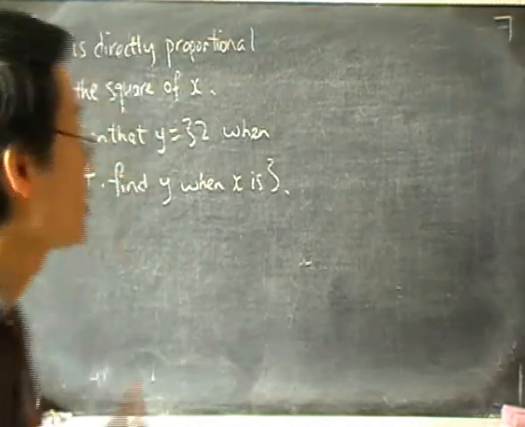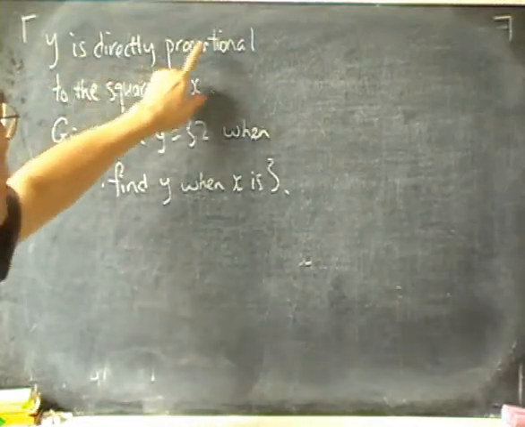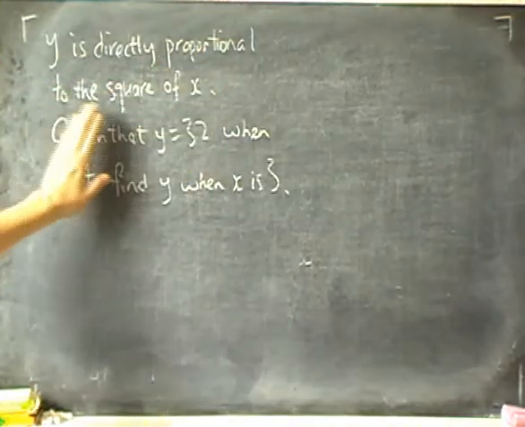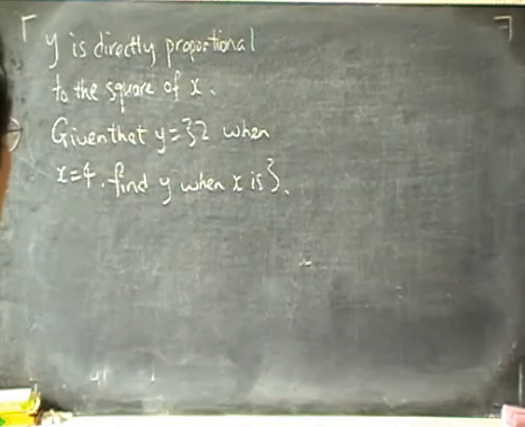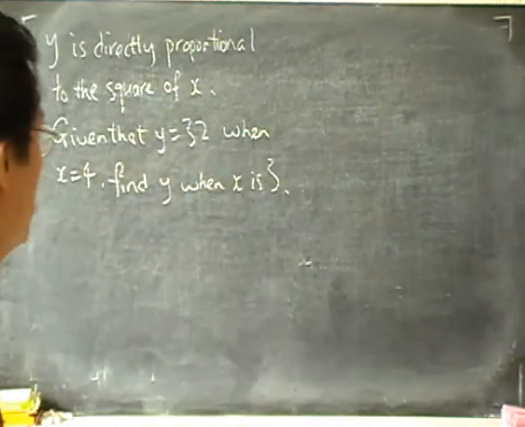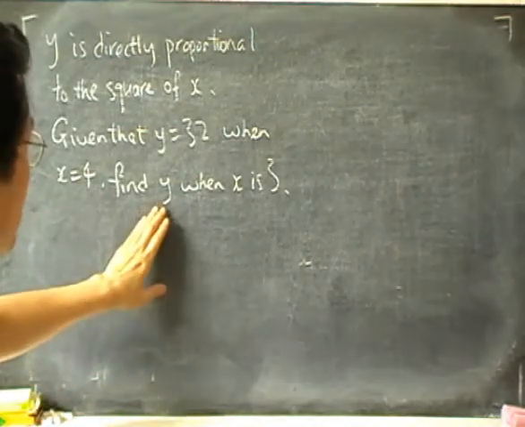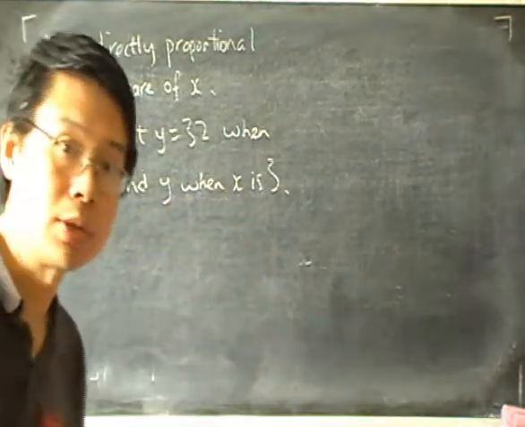Let's look at this question here. Y is directly proportional to the square of x. Given that y is equal to 32 when x is equal to 4, find y when x is 3.